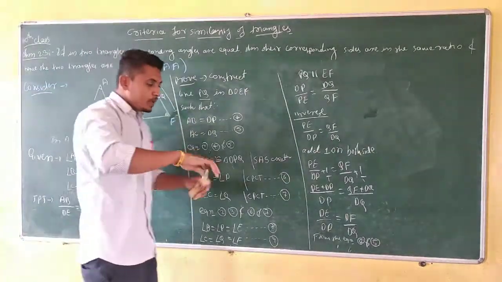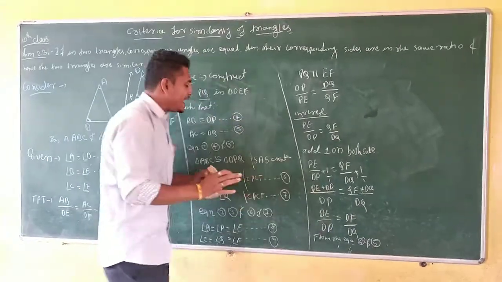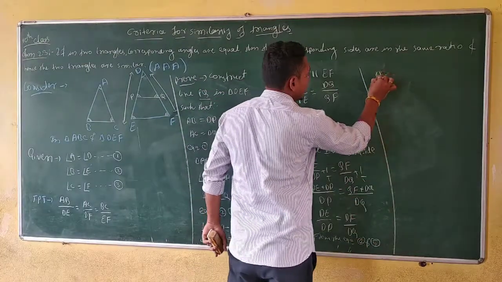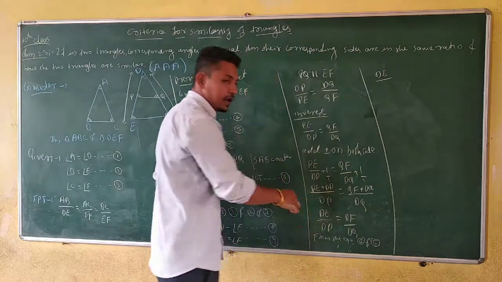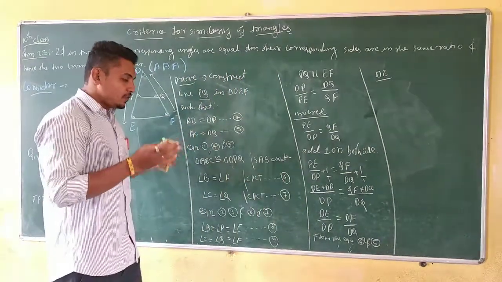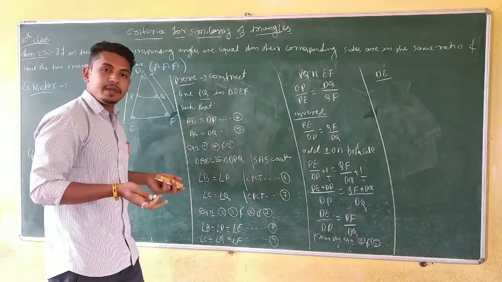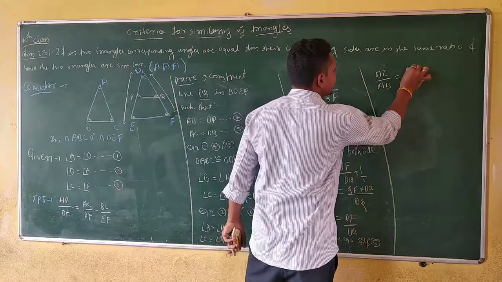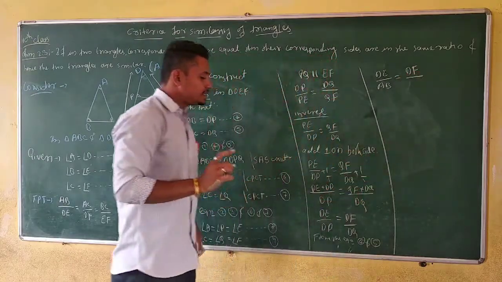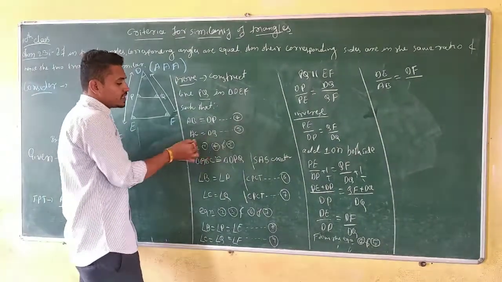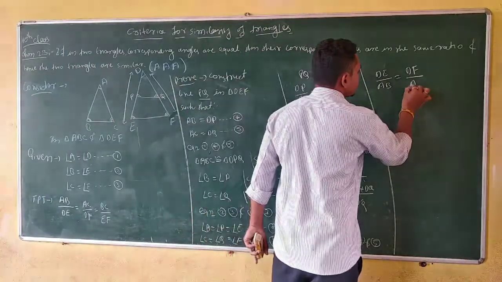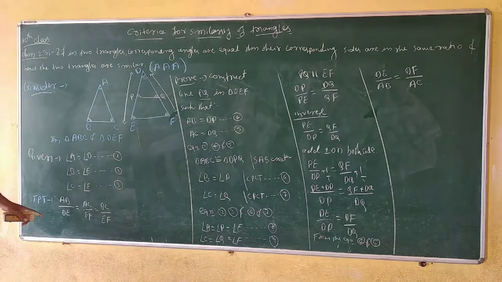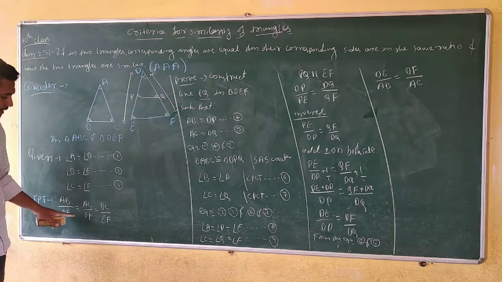So now we can replace the value of DP with AB, because the value of DP is equal to the value of AB. So we can write AB over DE is equal to DF over DQ, and DQ is equal to AC, so you can write here AC.